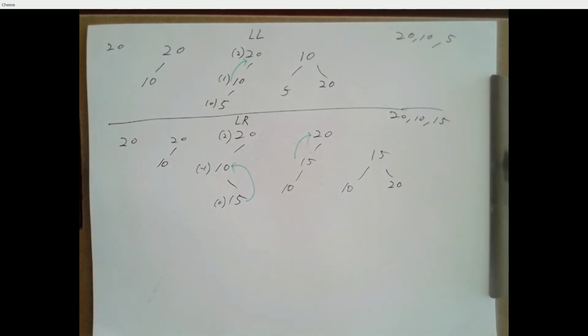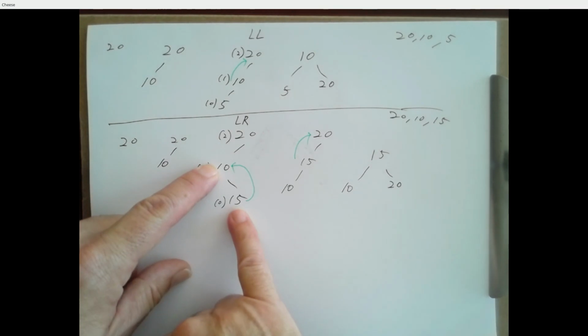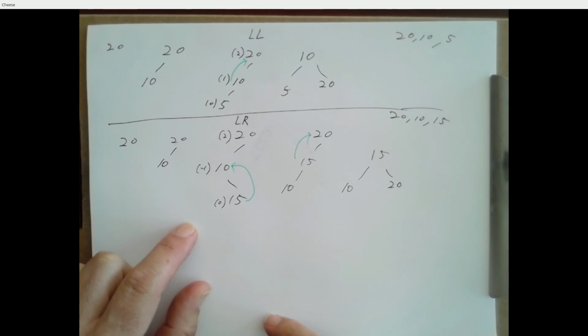And there's 2 things at play here, and we're going to go through lots of examples tomorrow. One is trying to restore the balance, and the other is making sure you don't upset the search order. So over here, 10 comes before a 20. Over here, 10 comes before a 15, so our search order is 10, 15, 20.